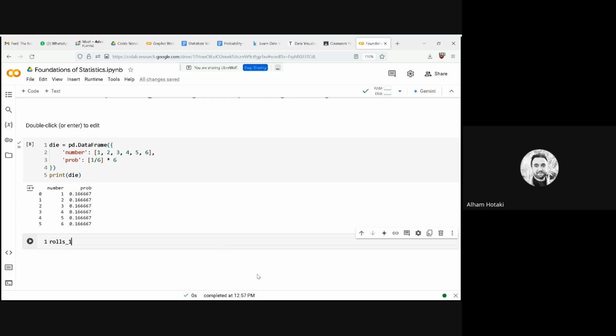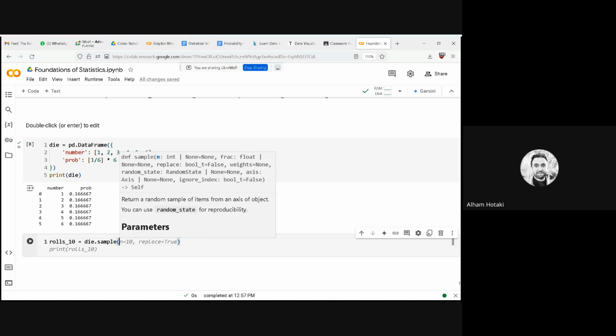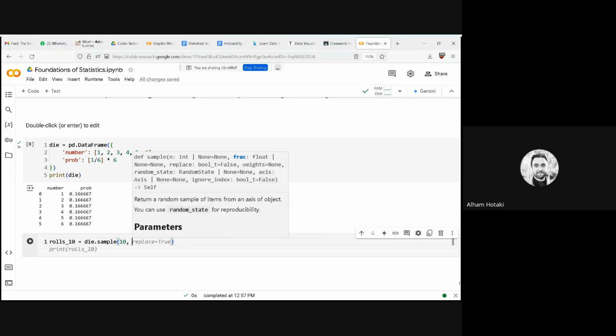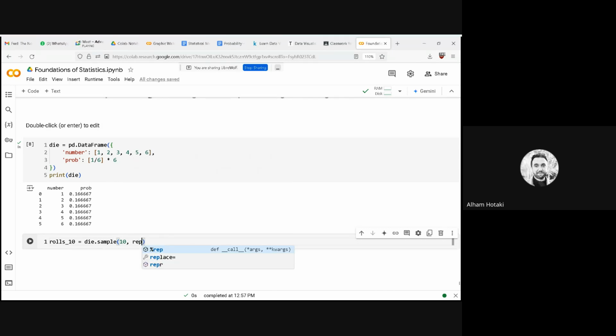We will make a sample of this die 10 times, with replace. Replace is very important.